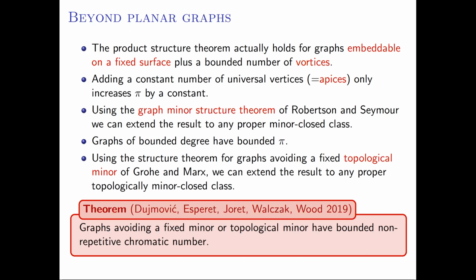If you look at the product of an infinite path with anything of bounded pi star, it would have bounded pi star in the same way, right? Because you can always take the product with this infinite path and you do the trick where you avoid palindromes and repetitions. So any infinite graph that you like, any product of a finite graph, but if it's finite, it should be okay.